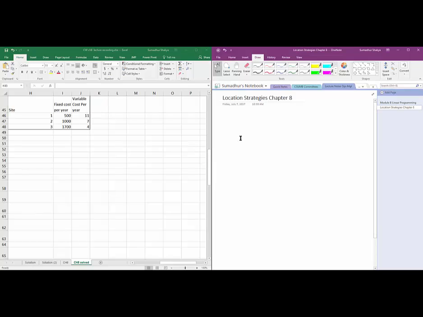First thing is we want to make an equation, let's say between site 1 and 2.